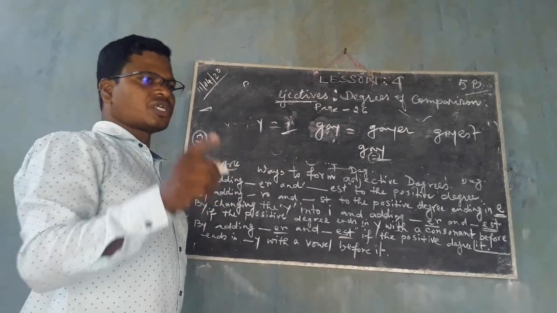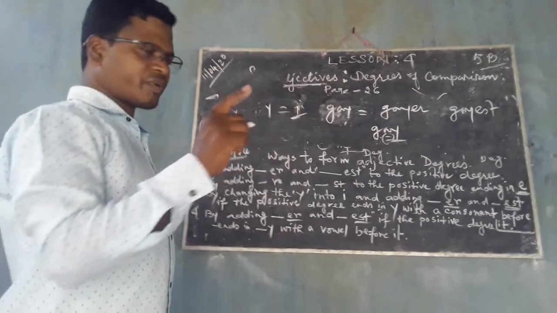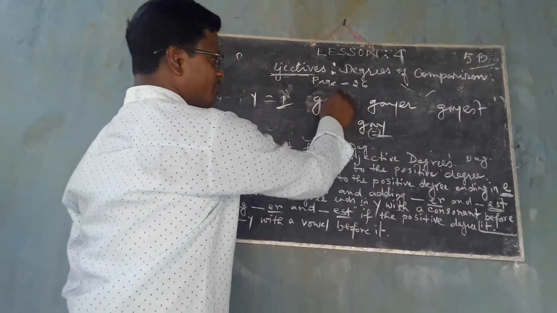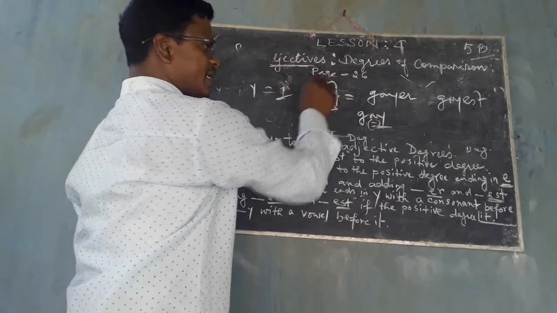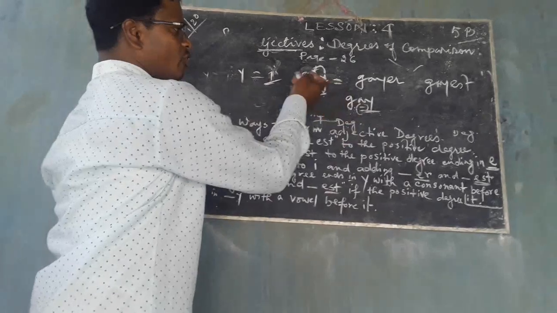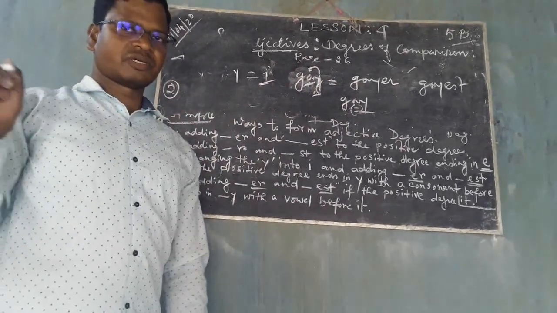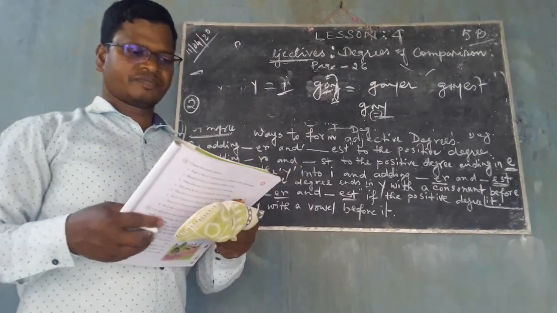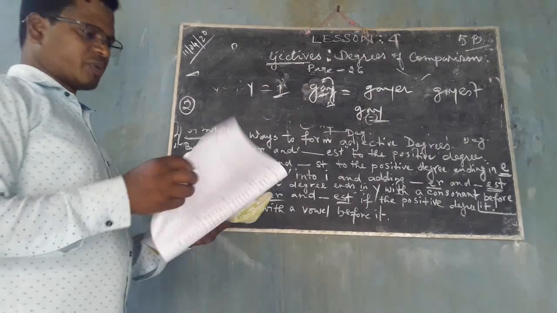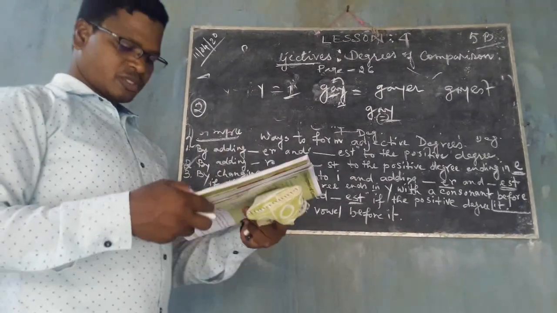If there is a vowel before y, the last letter being y, and the second last is a, a is a vowel, then there will be no change. Only er and est are added to make it comparative and superlative. Hope I have made all these rules clear.